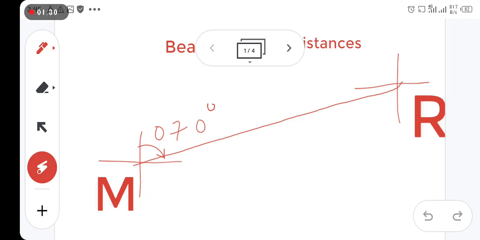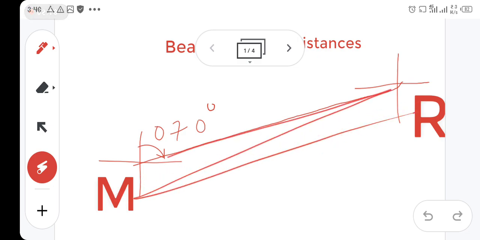The angle from the north pole to the line connecting point M and point R is our bearing, so it shows you our direction, while the length of this line MR shows you the distance.